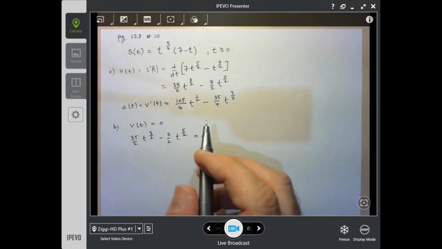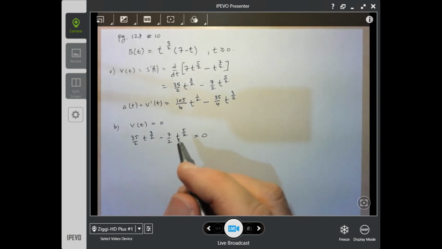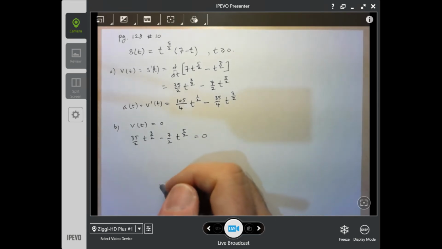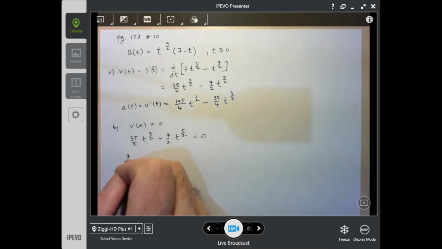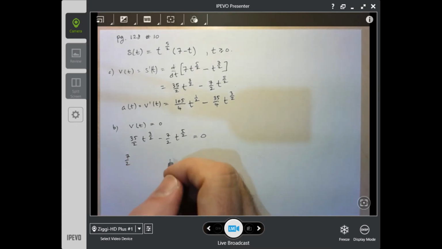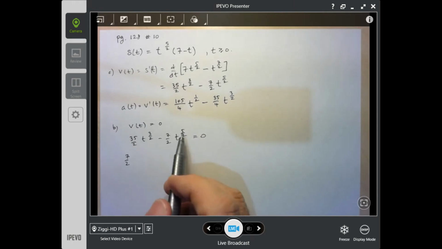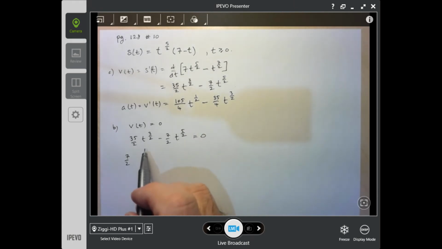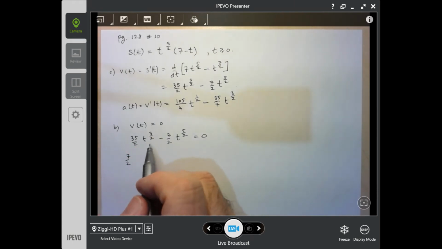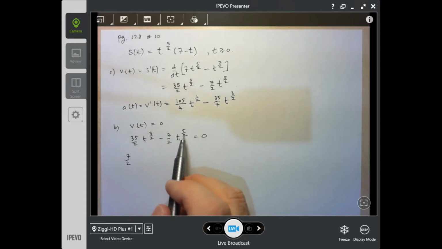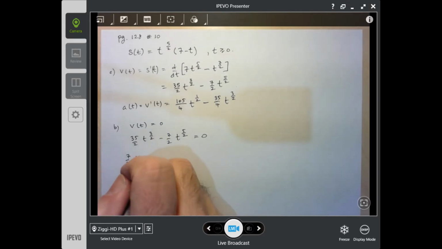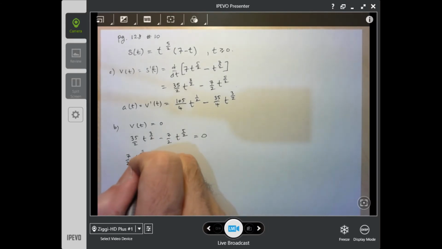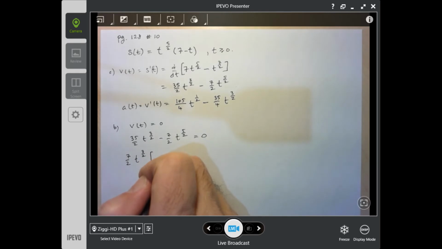Now, in order to solve this, I'm going to use a slightly clever factoring trick. First of all, I see I can factor out a 7/2, and we'll see what's left over. But here I notice that I've got these rational exponents, so I'm just going to factor out the lower of the two, because if you look at these two exponents, they differ by 1. So let's see what happens when I take out the lower one, 3/2.